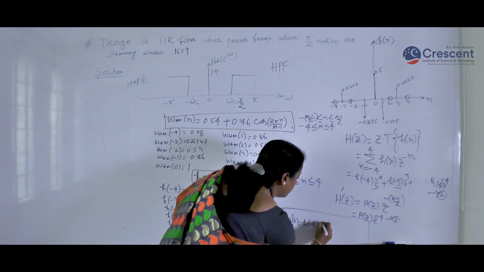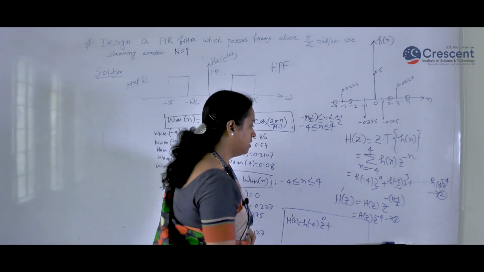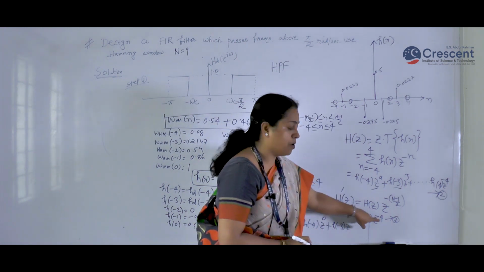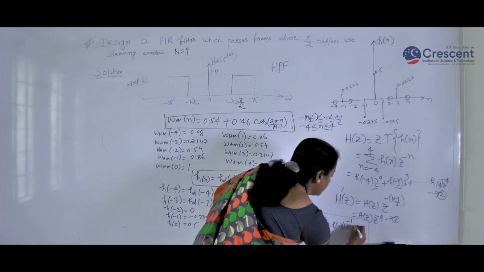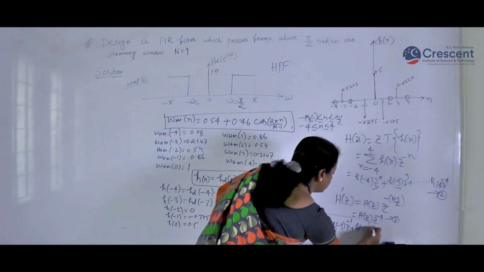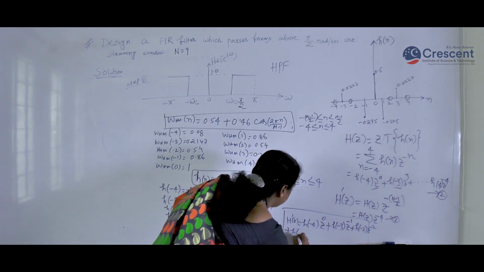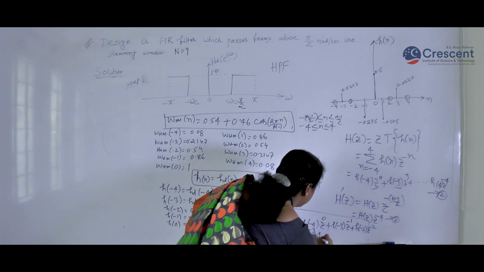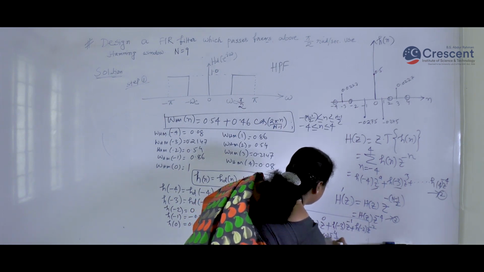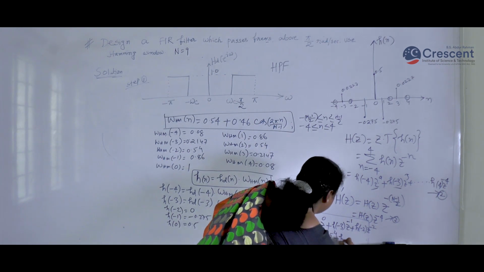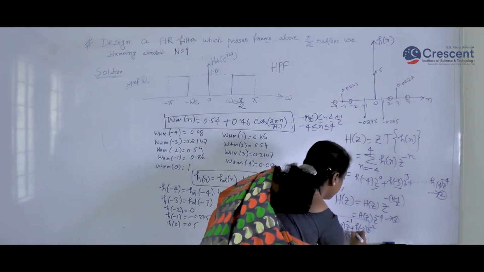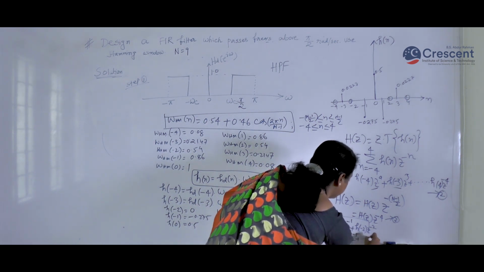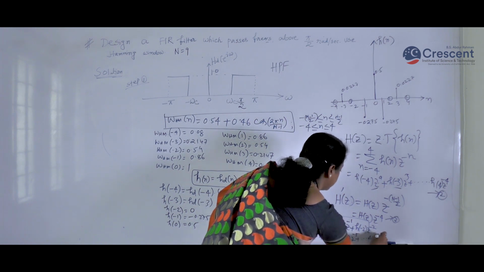So z power 4 into z power -4 is z power 0, plus the next term h(-3) z power 3 and z power -4, which becomes z power -1, plus h(-2) z power -2, plus h(-1) z power -3, plus h(0) z power -4, plus h(1) z power -5, plus, last, we get the term h(4) z power -9.